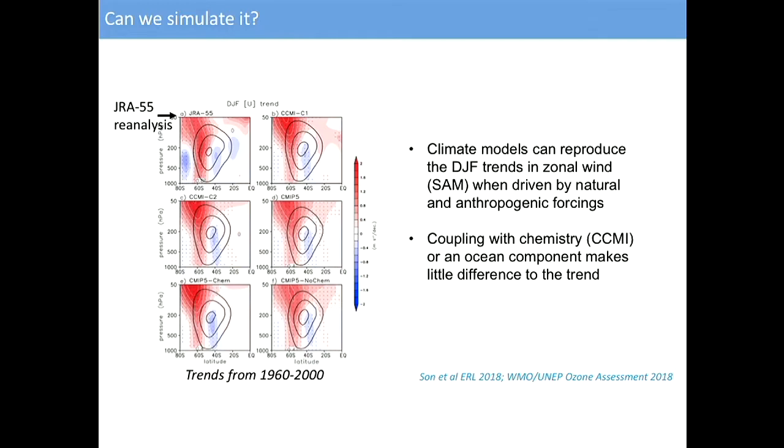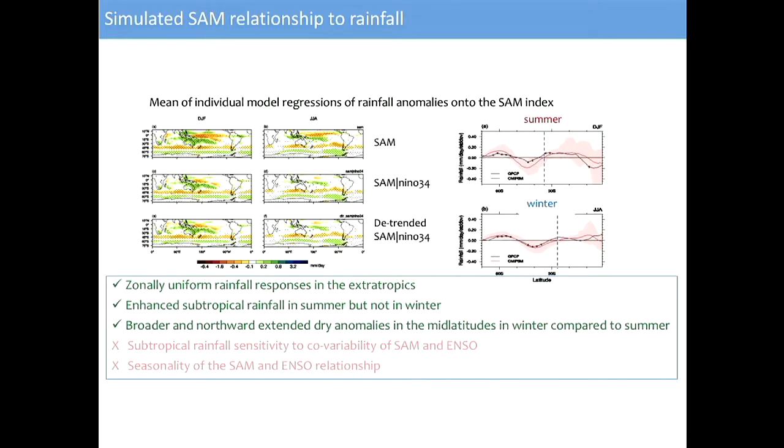So these jet shifts are really driven by things going on in the atmosphere. This is again looking at the SAM relationship to rainfall in the models. I showed you the observations before. The conclusions are that these CMIP5 models can get this zonally uniform rainfall response in the extratropics.